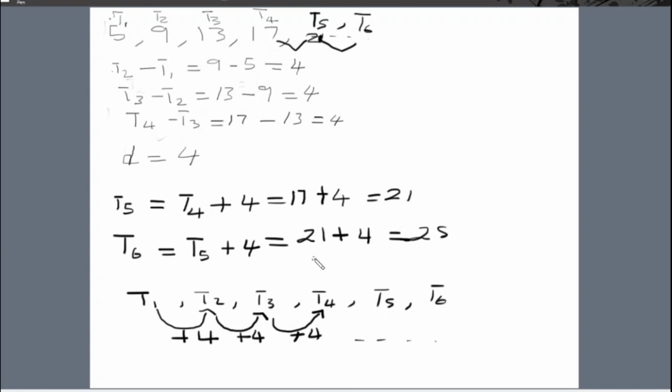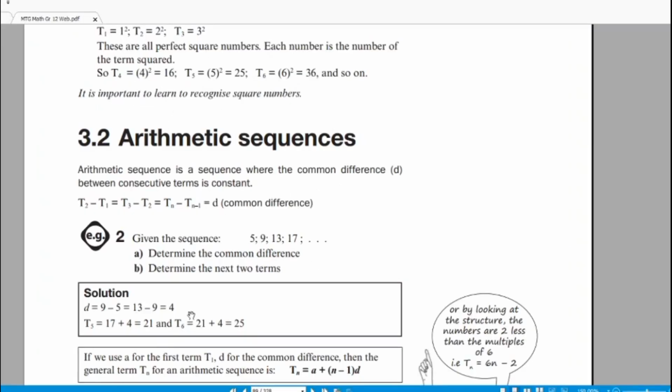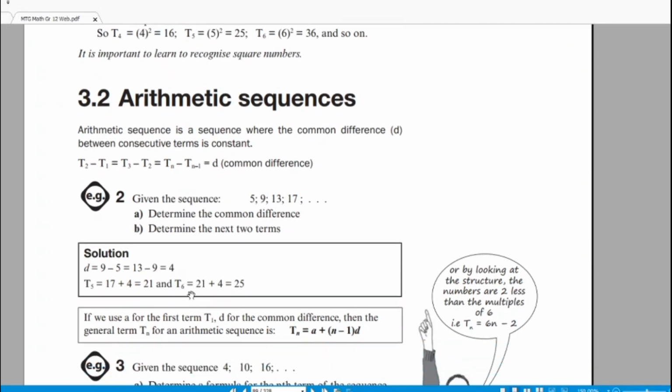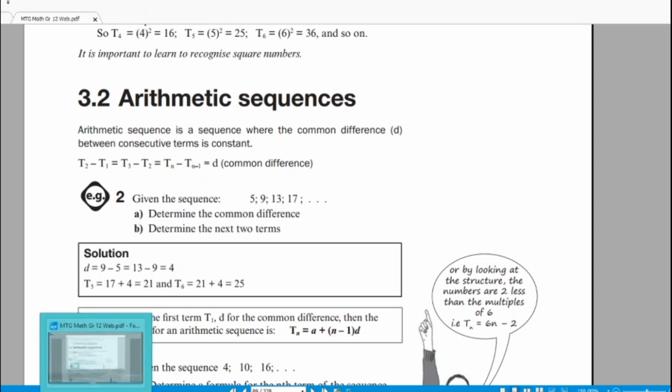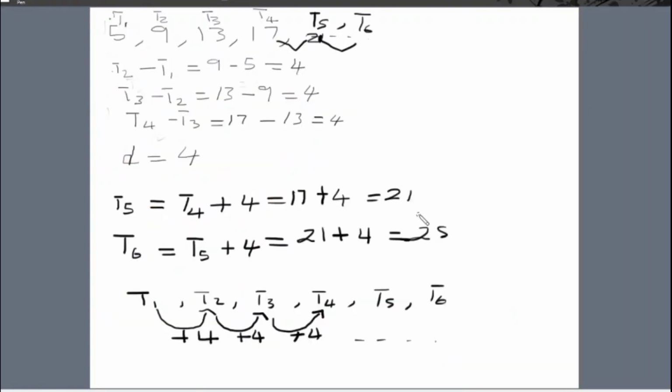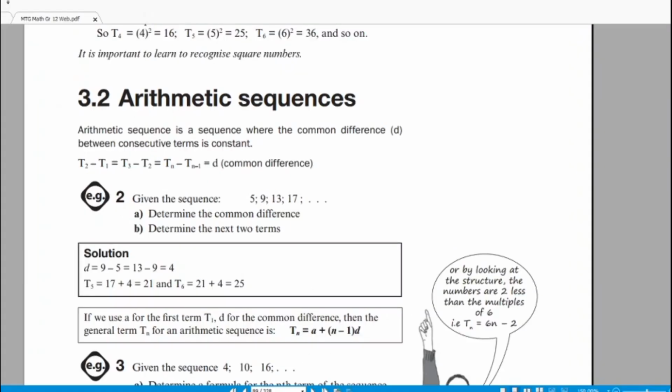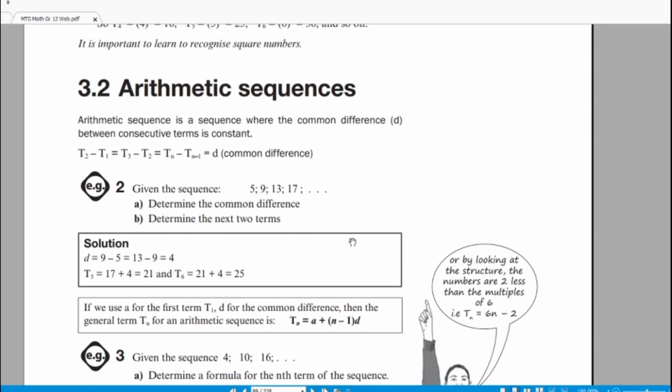Okay, I hope that makes sense. This is how we calculated the common difference, and the next two terms, term number 5 and term number 6, are 21 and 25.